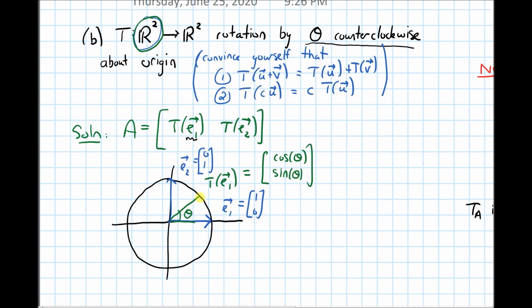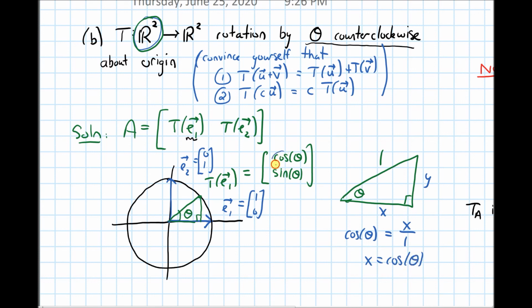Another way to see that is to drop a perpendicular and redraw this triangle. This angle is theta, and the hypotenuse, because it's a unit circle, is 1. If I call this y and this x, then cosine of theta is x over 1, so x equals cosine theta. That's why this topmost entry is cosine theta. I could do something similar to get y. So that's what T of E1 is.